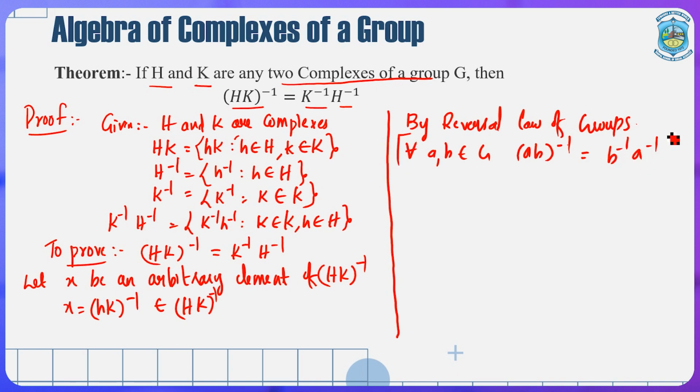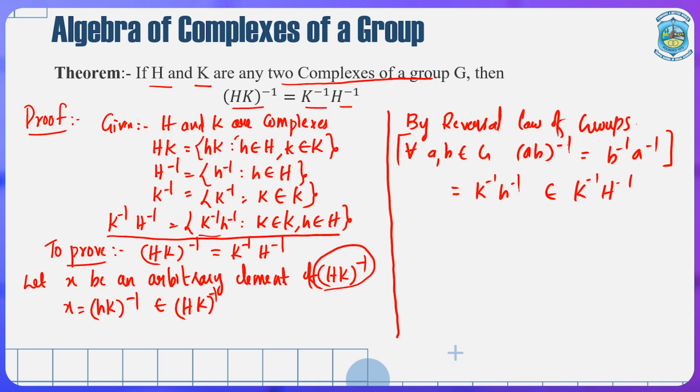So, if we apply that particular rule here, this will be equal to k inverse h inverse, which belongs to capital K inverse, capital H inverse. It is very much visible from the definition of K inverse H inverse that it contains elements in such a way. So, now you see that the element which we have taken from (HK) whole inverse belongs to capital K inverse, capital H inverse.